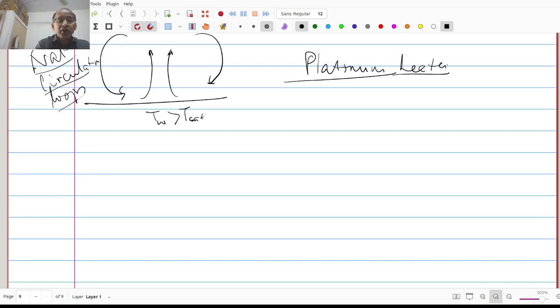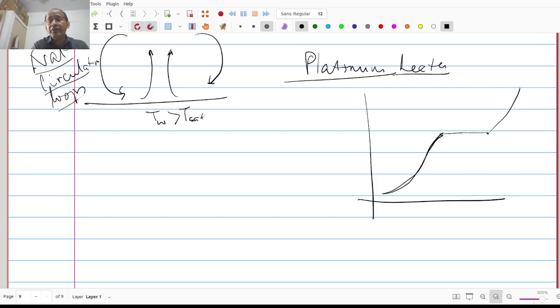So what Nukiyama ended up getting was, he got until here, okay, up to the point which is critical heat flux, and from there was a sudden jump and the temperature jumped to this value, and from here he got this curve.